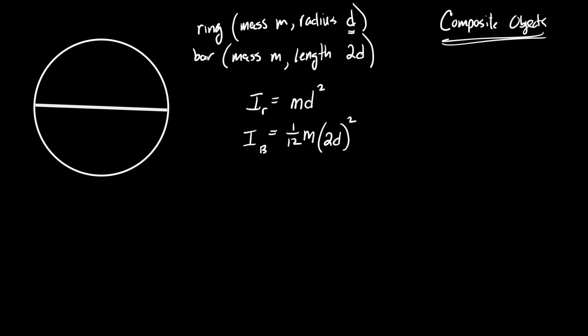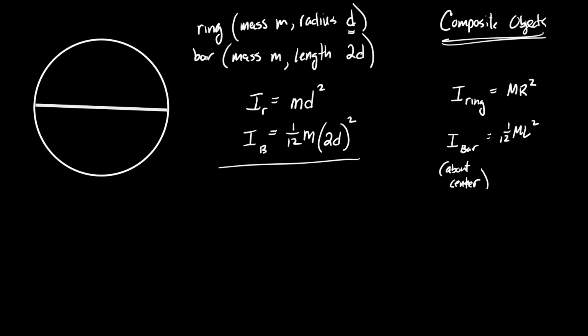So we have to remember what the formula is about and how to use the information they've given us in those formulas. So just again, I'll write this off to the side. A ring is defined as mr squared, and a bar about its center is 1/12 ml squared. So we are using those formulas to come up with what the moment of inertia is in the terms they've given us.